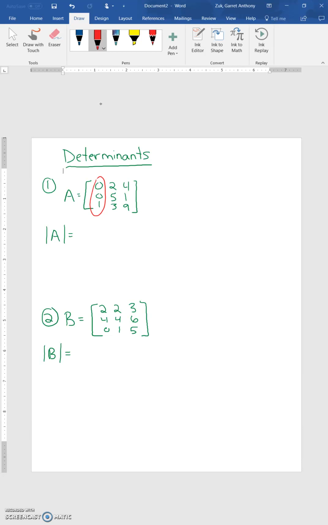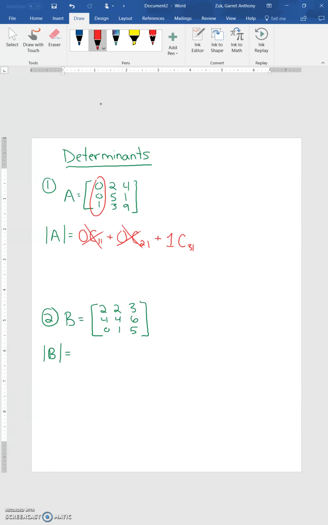Well, if we're taking those entries, we've got 0 times the cofactor at 1, 1, plus 0 times the cofactor at row 2, column 1. Well, we already know both of those go away. Those are 0. So all we're left with is 1 times the cofactor at the third row, first column.